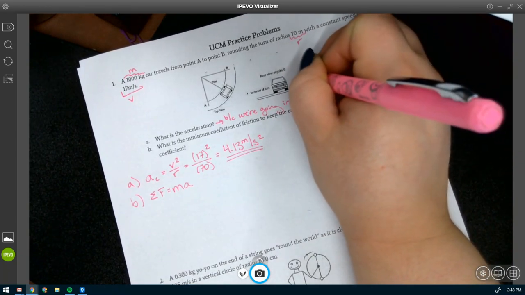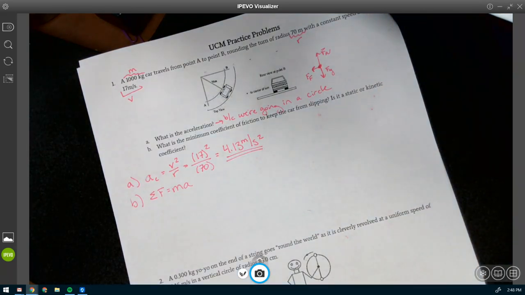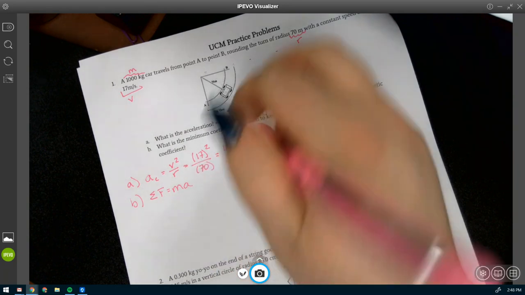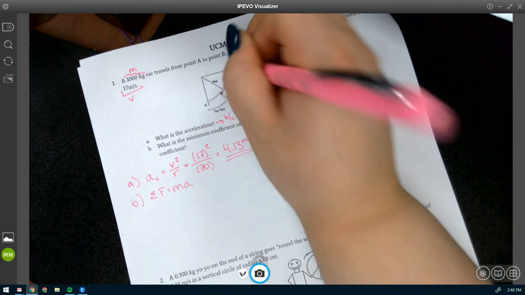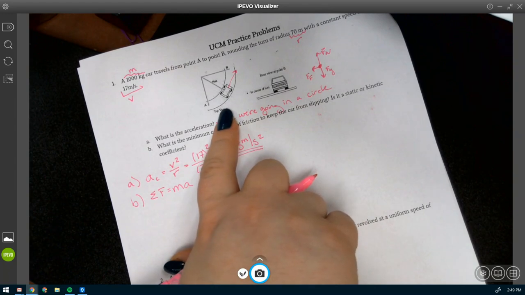And so this is the force of friction that's keeping us in that circle. Because without that force of friction, where's this car going? Straight. From the top down, he's turning left.